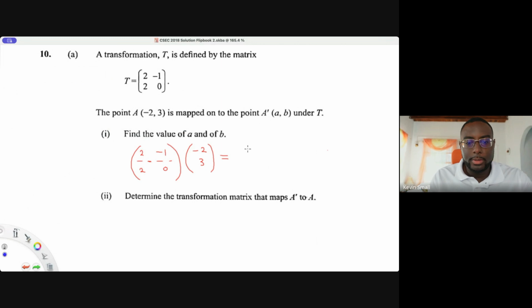So the first thing I will have is 2 by -2, in brackets. Plus, and now this number will multiply this number row by column. So that would be -1 times 3.